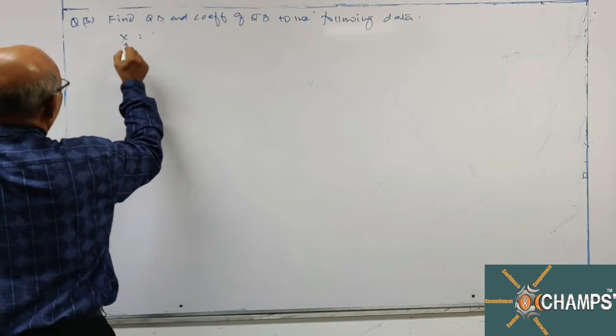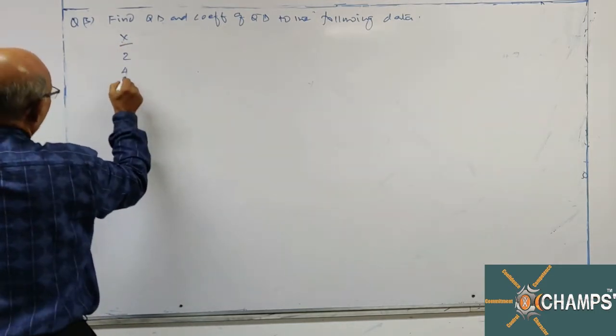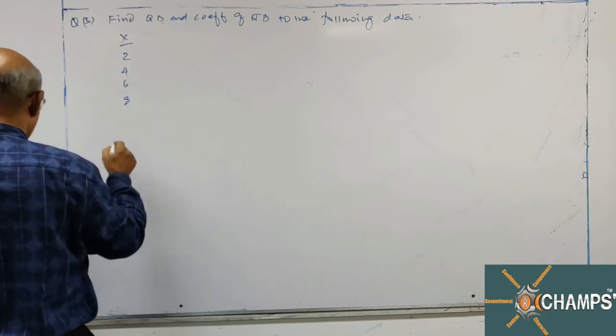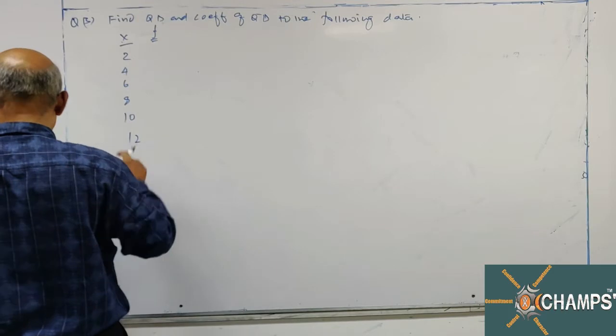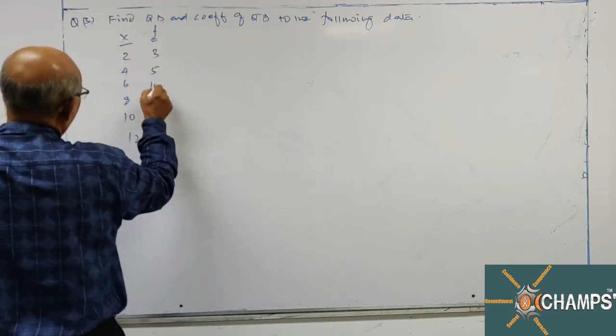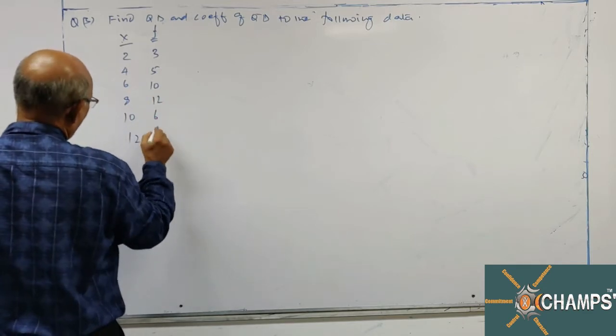X is a variable taking the values 2, 4, 6, 8, 10, 12. Frequency is given: 3, 5, 10, 12, 6 and 4.